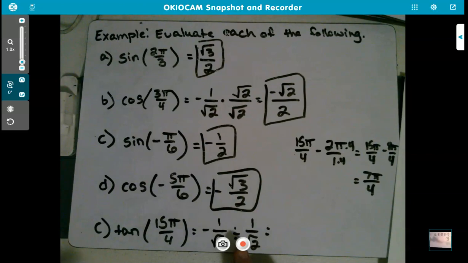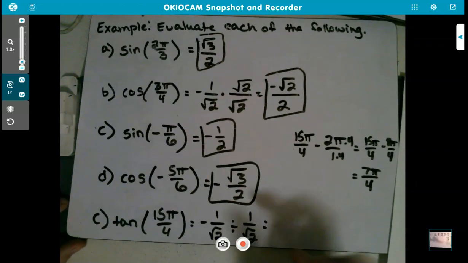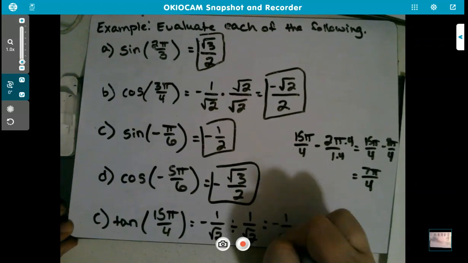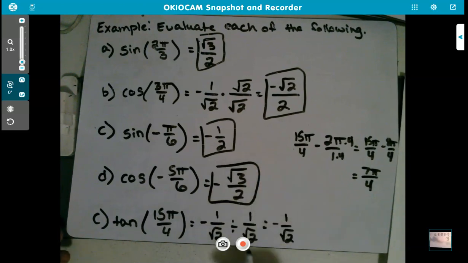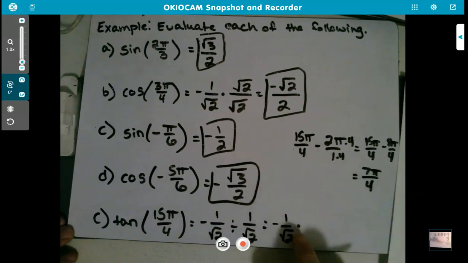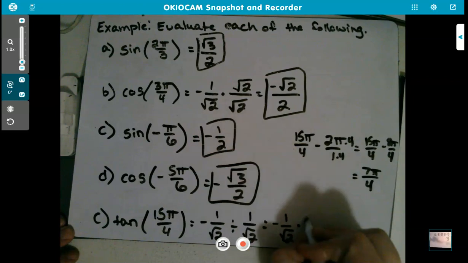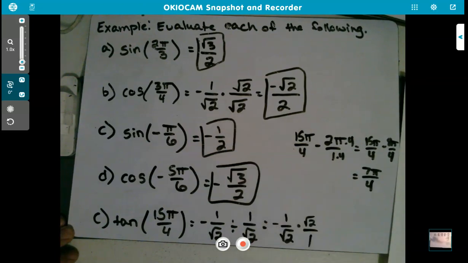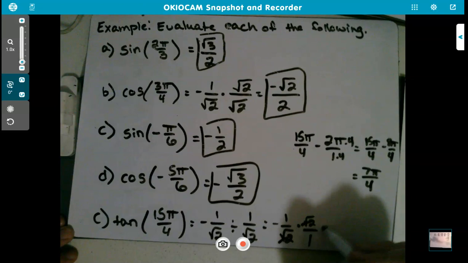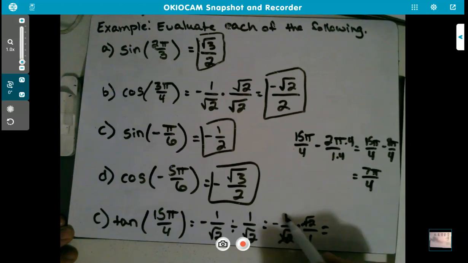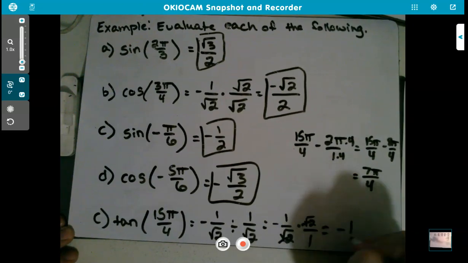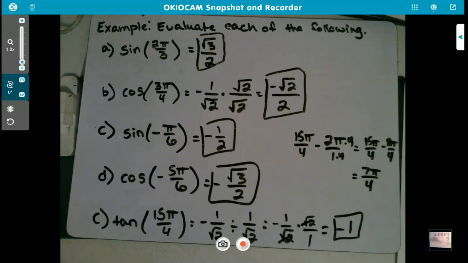To divide those, remember we keep, change, flip, so that's going to be negative 1 over the square root of 2. That's our keep. Change this to times, that's our change, and then flip that one, square root of 2 over 1. Square roots of 2 cancel out, so I'm left with negative 1 divided by 1, which is negative 1. Negative 1.